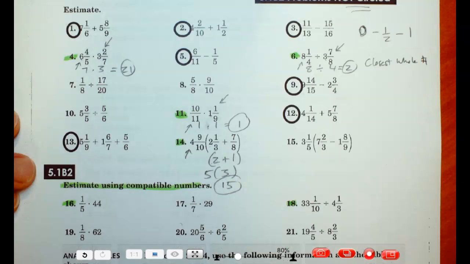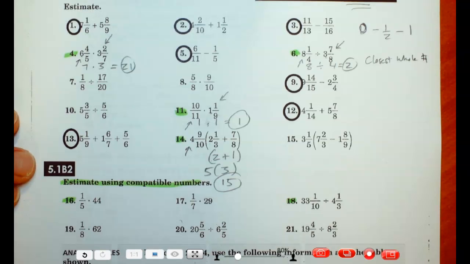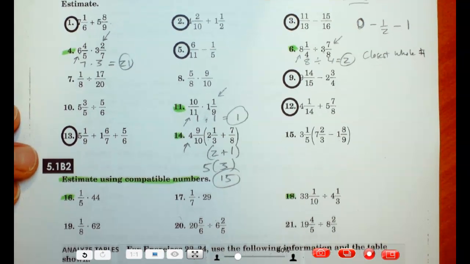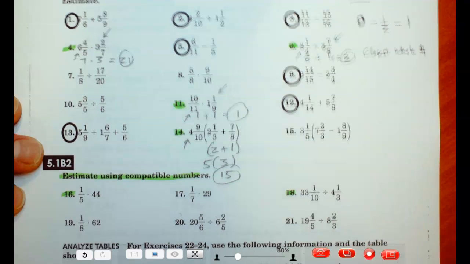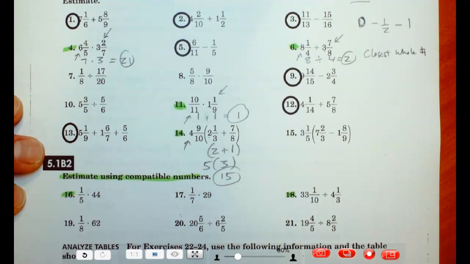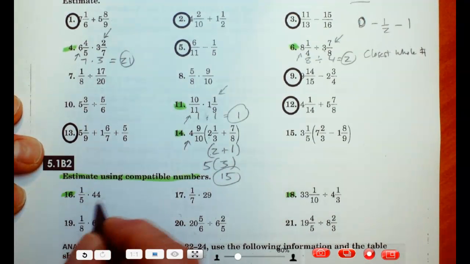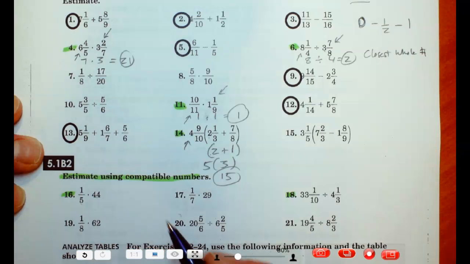All right. These ones here, sometimes we have to use compatible numbers. I call them harmony numbers. Numbers that go together well. So if you look at this, they want to know what 1/5 of 44 is. And again, we're trying to do this in our head. Well, 1/5 of a number is the same as the number divided by 5. That's just something you have to know.